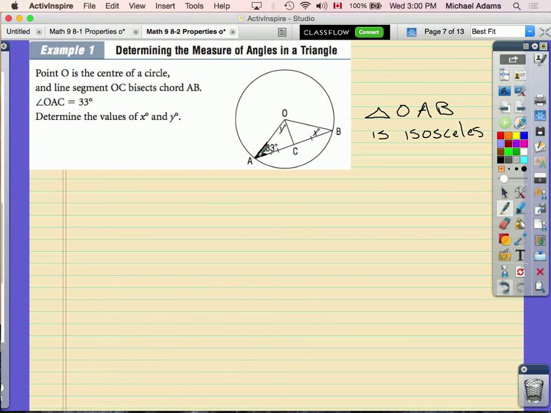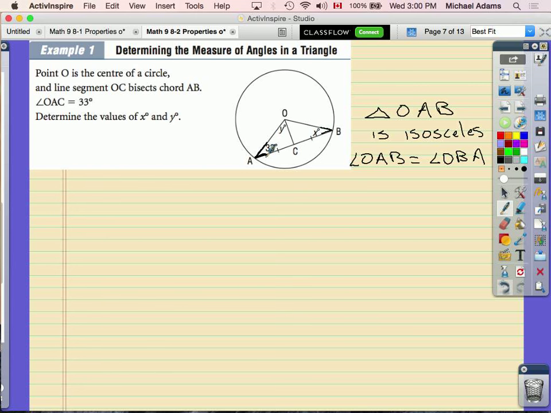So this angle here, we'll call it angle OAB, is equal to angle OBA. So this angle and this angle are equal to each other.